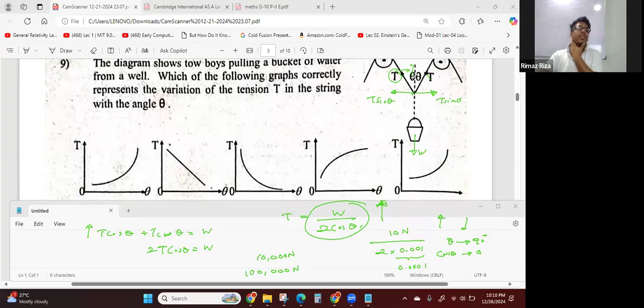But when theta equals 0, cos theta is 1. So T equals W over 2. That will be a finite value. So the answer has to be 5 or 1. Okay.